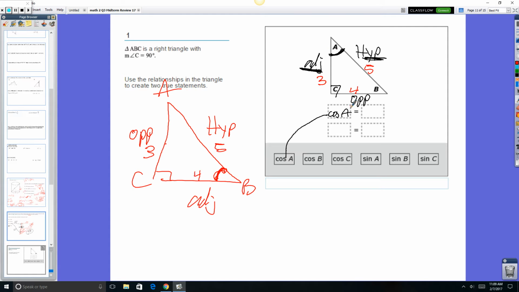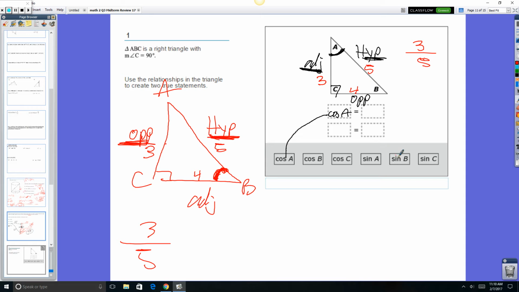So the cosine from A would actually be adjacent over hypotenuse. It would be 3/5. And now to get 3/5, if I'm not going from A, if I am going from B, that same fraction, 3/5, would be using the opposite and hypotenuse. So the same pieces, but now the opposite and hypotenuse is a different trig.